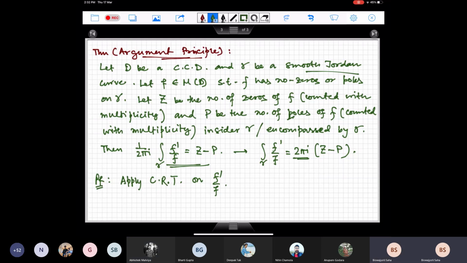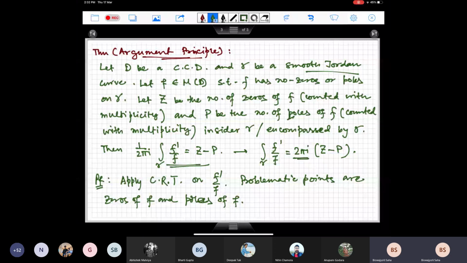So the problematic points, I am not calling them singularities at this moment, are zeros of f and poles of f. All of you agree to this? Except for these points, in all other points, I have absolutely no trouble. Right? Agreed or not?